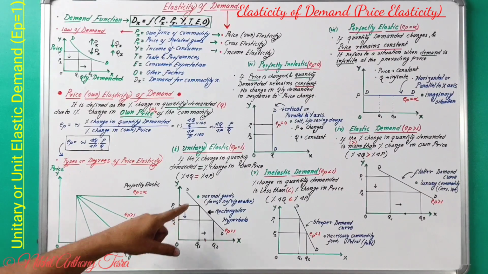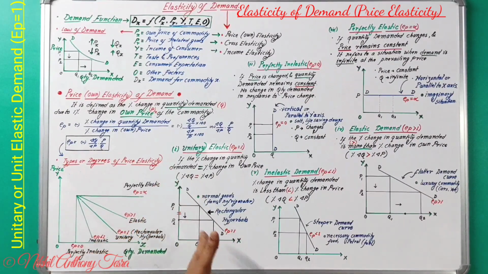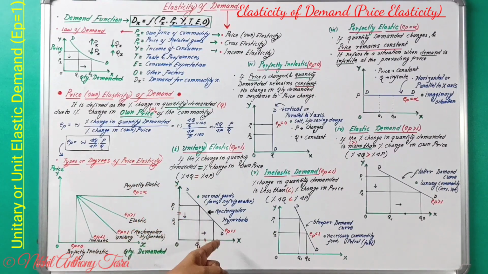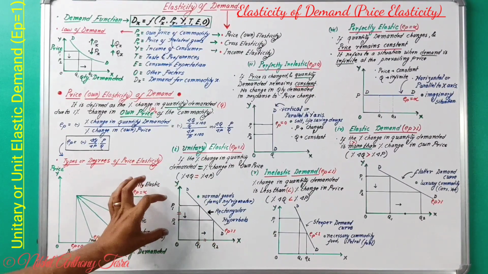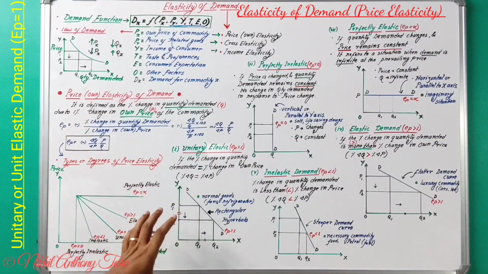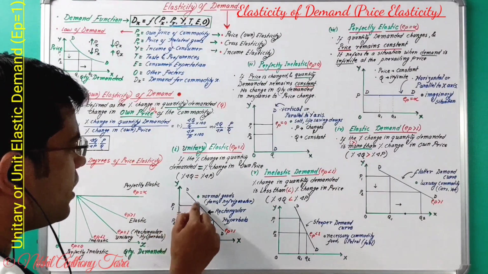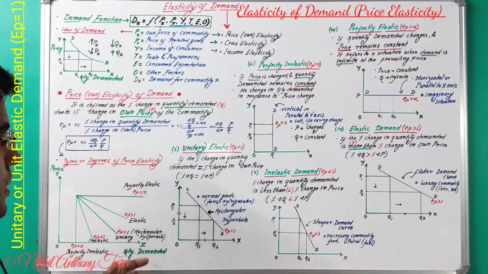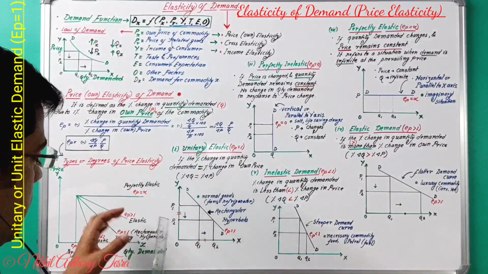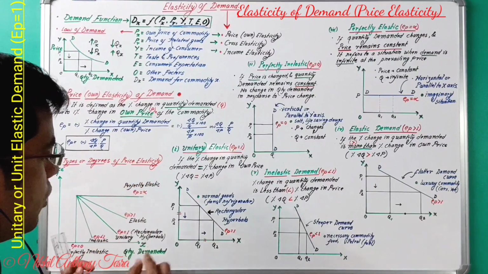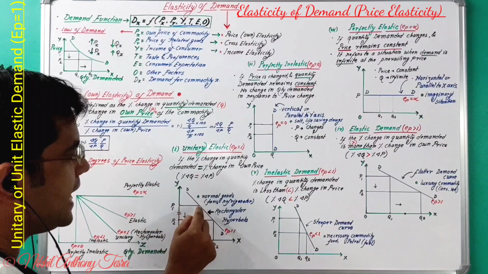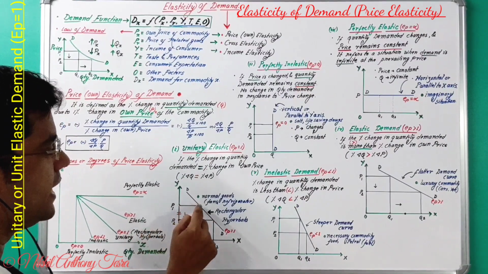Because the area of the rectangle drawn below this curve represents the total expenditure, and the area of all rectangles will always be equal. Suppose we draw a rectangle below this DD demand curve, and this point is A and this point is B. When price is OP1, the rectangle area will be OP1AQ1.